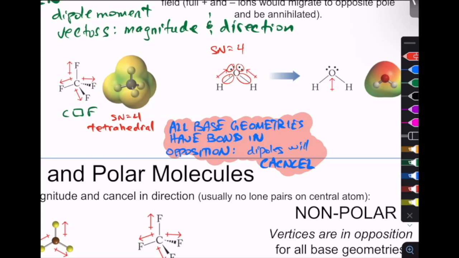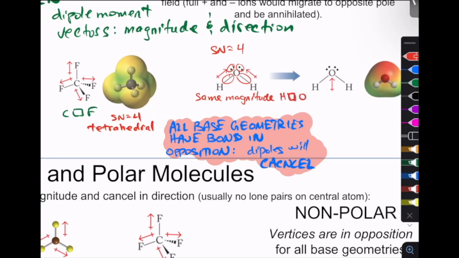Consider all of them as polar covalent bonds unless it's a diatomic molecule where the atom is the same on both sides. All right, so it's the same magnitude of the dipole moment between the hydrogen and the oxygen.